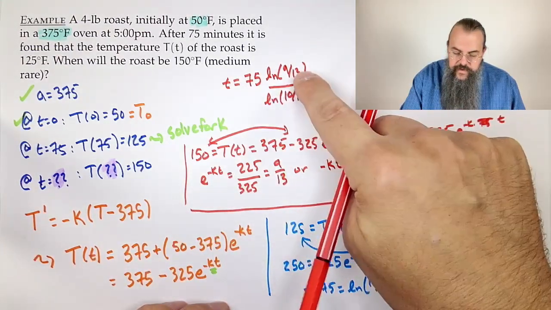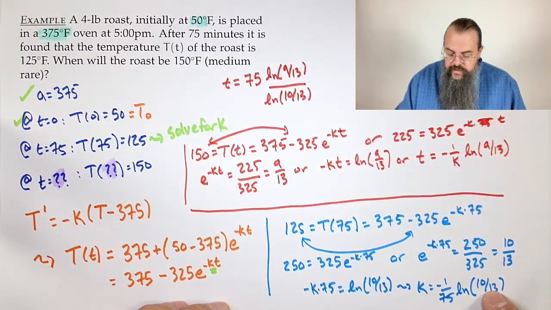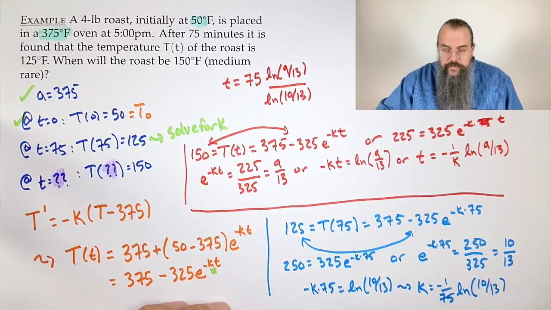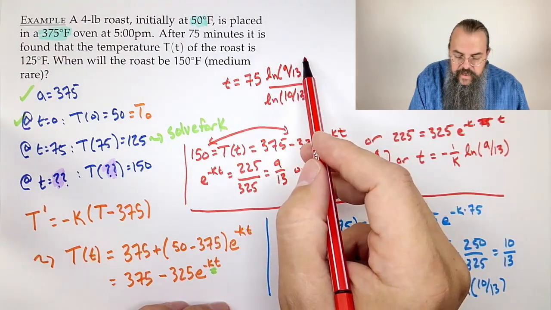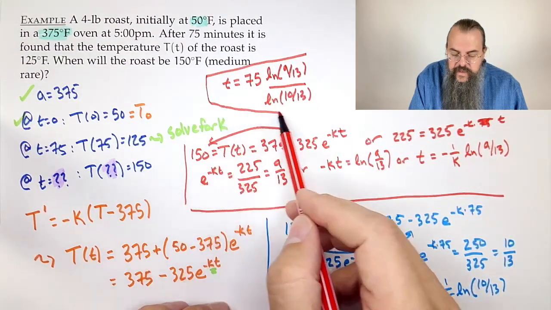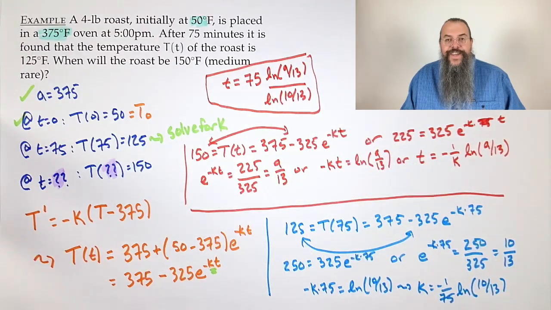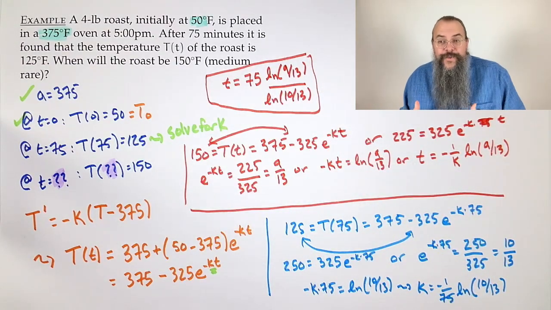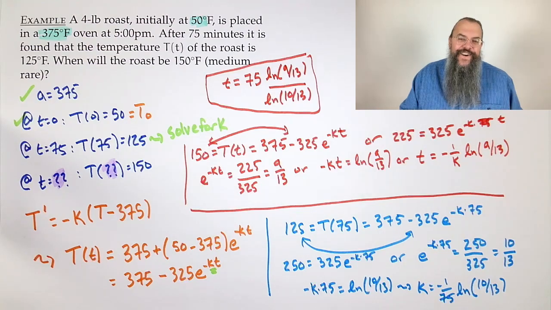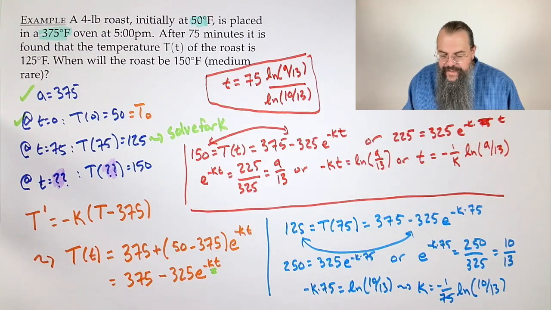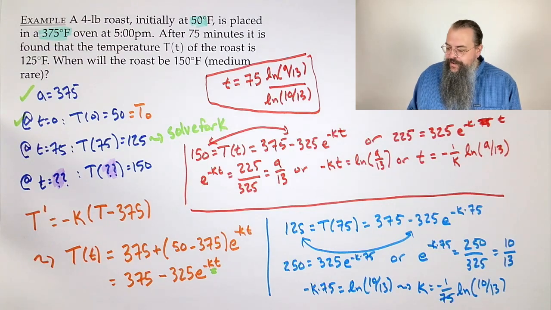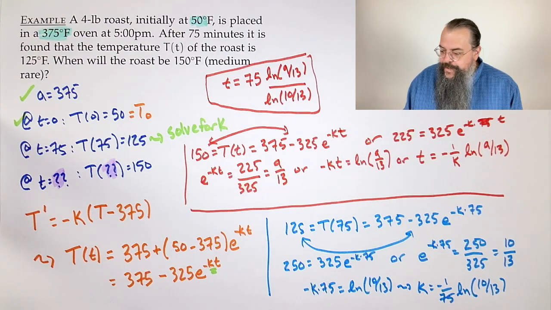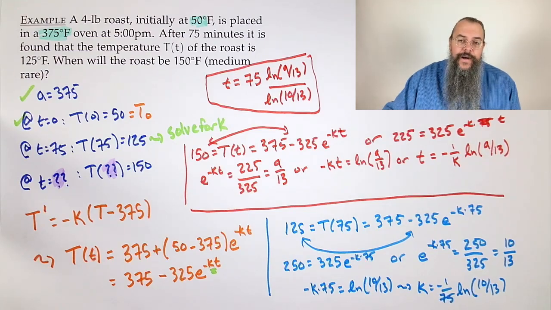That log of 9 over 13 came from there, and log of 10 over 13 came from there, because remember, we're flipping it. That's that 1 over k action. And now that is our time t. And this is a wonderful chance for us to go grab a calculator, because there's not a lot of people who know log of 9/13 or log of 10/13 off the top of their head.